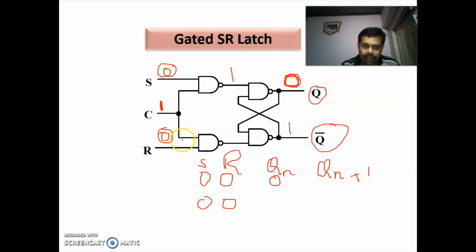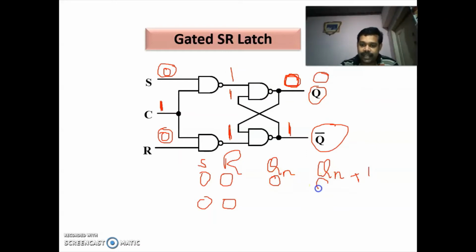So here also one of the inputs is 0, so output is 1. Now here you have 0 and here you have 1. Now this 1 will be coming as feedback to this NAND gate. In a NAND gate, if both the inputs are 1, then the output will be 0.